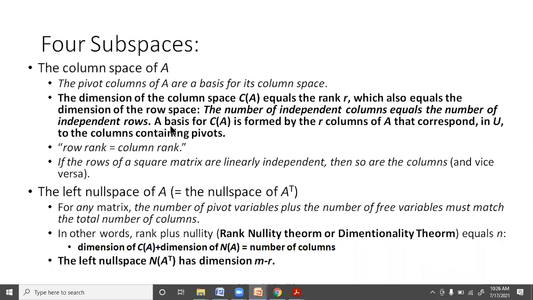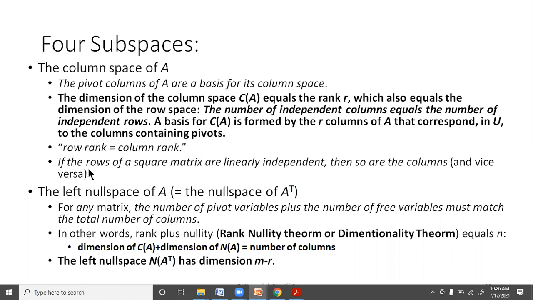To find C(A), we use R columns, where R is the rank, equal to the number of independent or pivot columns of A that correspond in U to the columns containing pivots. A column containing a pivot means an independent column.